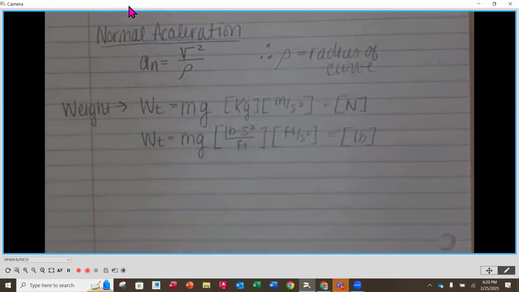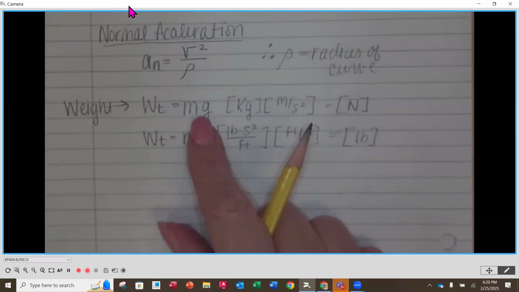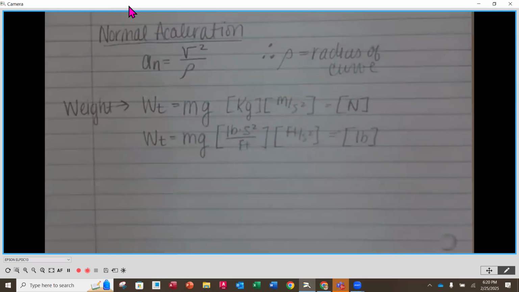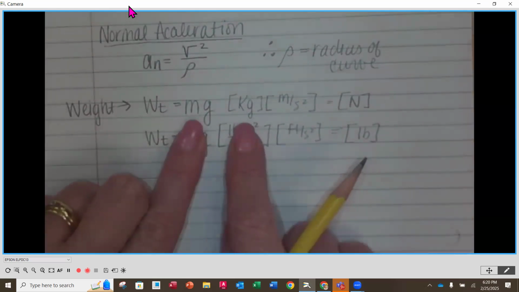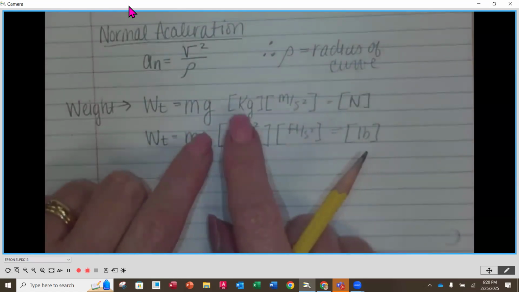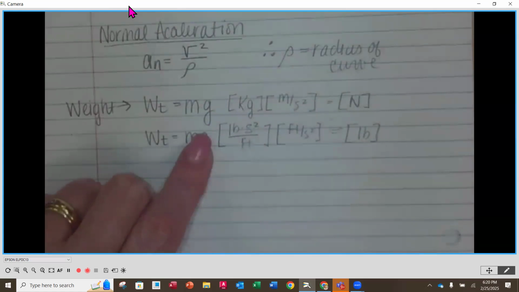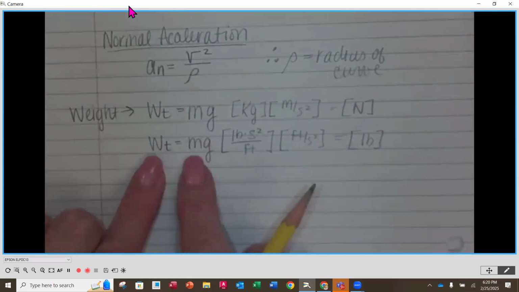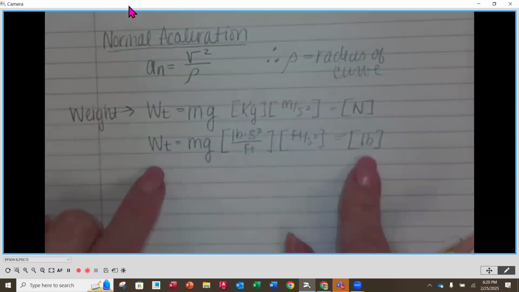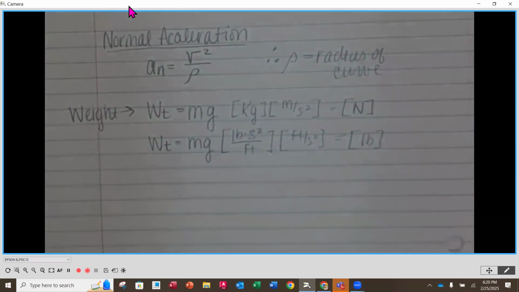Or in the metric system, it'll say a 50-kilogram block. And that's where I think it can be confusing, because when we see kilograms, that's mass. So if we need the force due to the weight, then we have to multiply by gravity to get the weight. But in the English system, we're going to be given pounds. We're going to be given weight. And then if we need mass, we've always got to divide by gravity, by the 32.2.